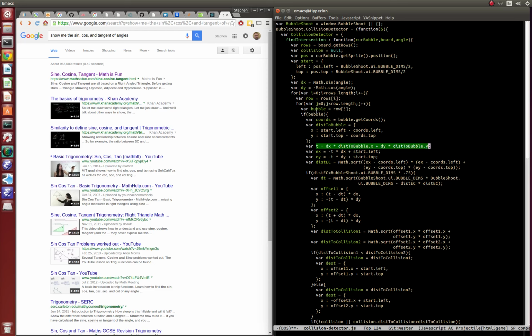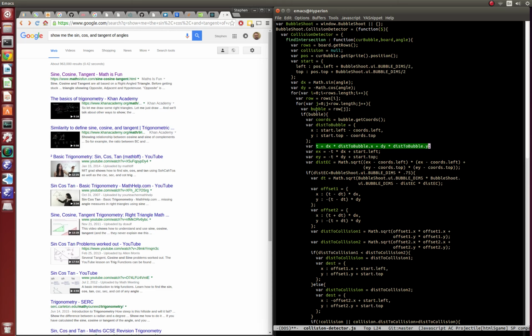Why is that true? Why does t tell us, to quote him again, at what proportion of the fired bubble's total movement it will be closest to the candidate's bubble center? Why is that true? Dx times distance to bubble x.